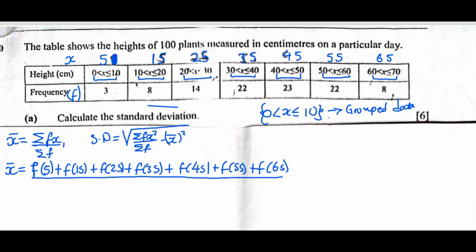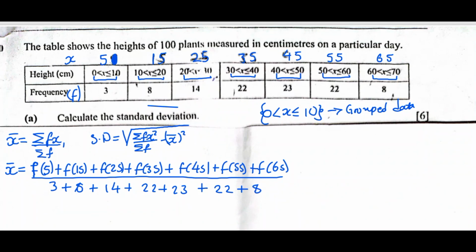The total frequency will be 3 plus 8 plus 14 plus 22 plus 23, another 22, then 8.